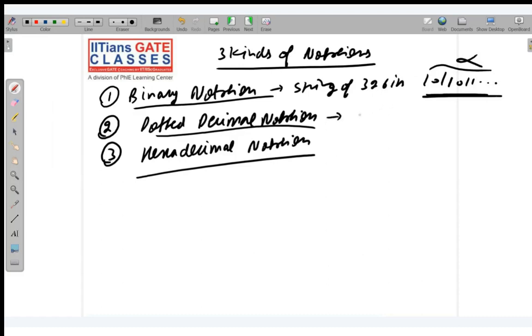Dotted decimal notation is mostly used. Let me give you some examples, for example 36.40.50.55. Dotted decimal means after 1 byte we will apply a dot.